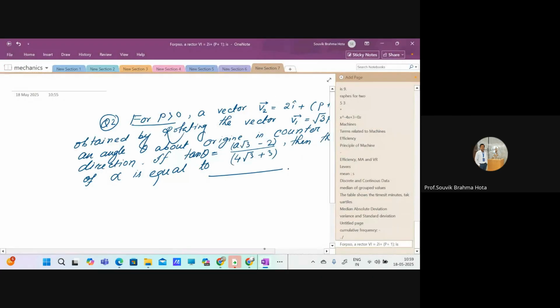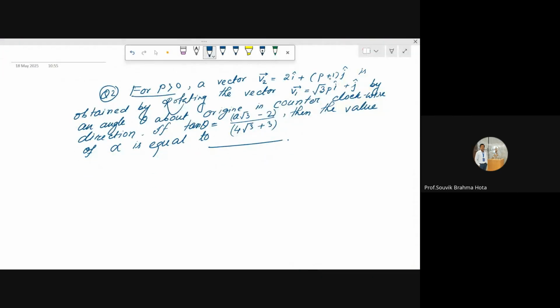For p greater than 2, a vector v2 equal to 2i plus (p plus 1)j is obtained by rotating the vector v1. That means v2 is obtained by rotating v1, and v1 is given as root 3 p i plus j, by an angle theta.